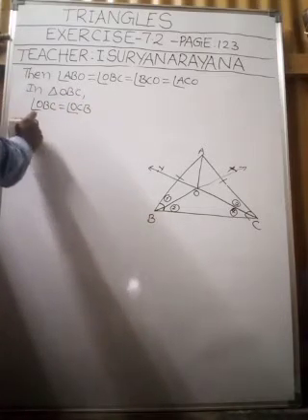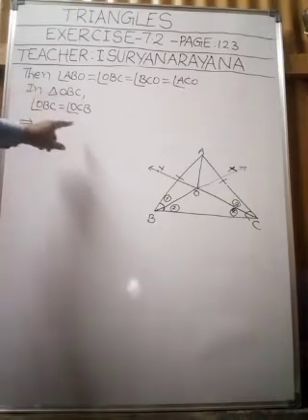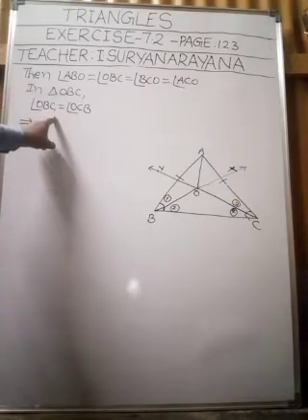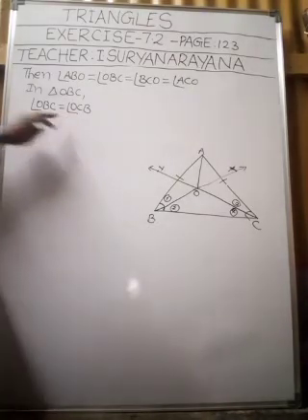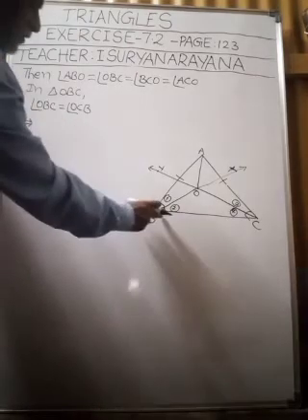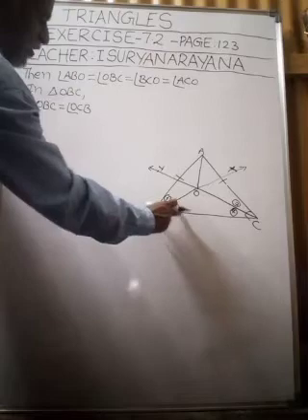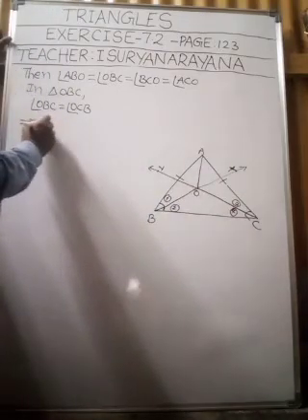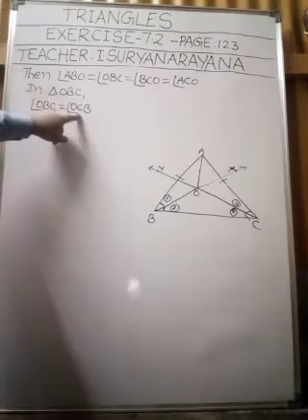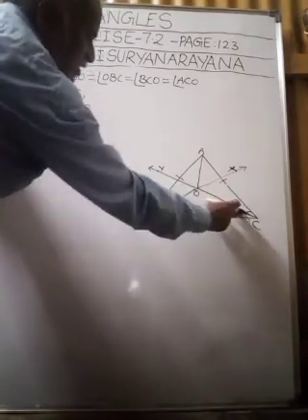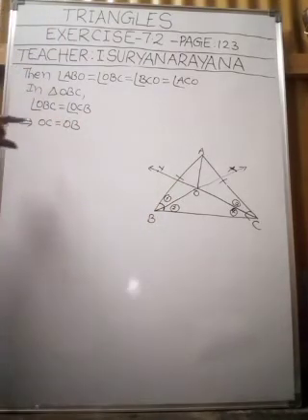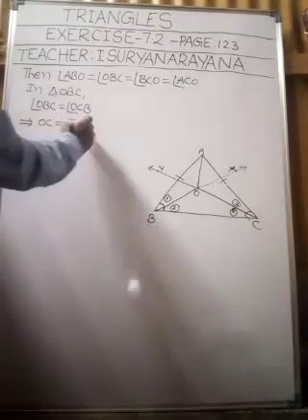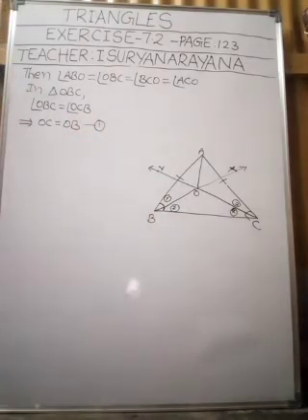This implies in a triangle, if any two angles are equal, then the sides opposite to equal angles are equal. What is the side opposite to angle OBC? OC. What is the side opposite to angle OCB? OB. Understood this point? Let us assume that this result is 1.